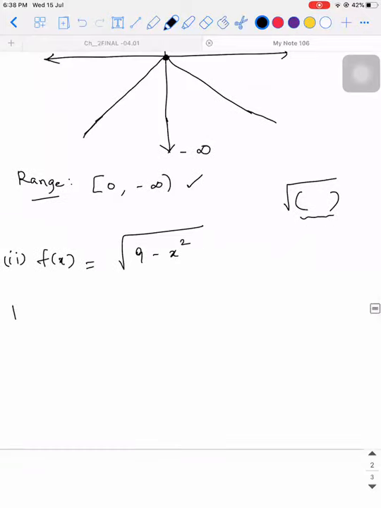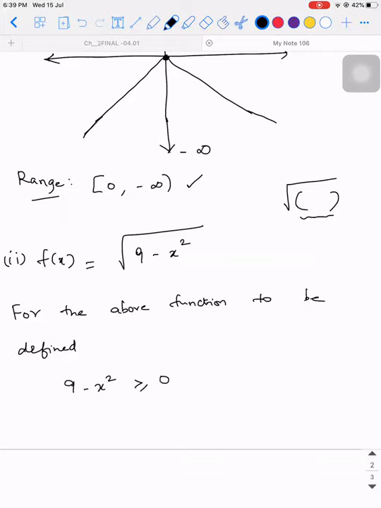So for the above function to be defined, can I write 9 minus x square should be greater than or equal to 0? Yes, sir. Had the question been without a square root, if they had given just 9 minus x square and asked you the domain, what will you say? Domain means any value of x that you substitute so that the output is finite.